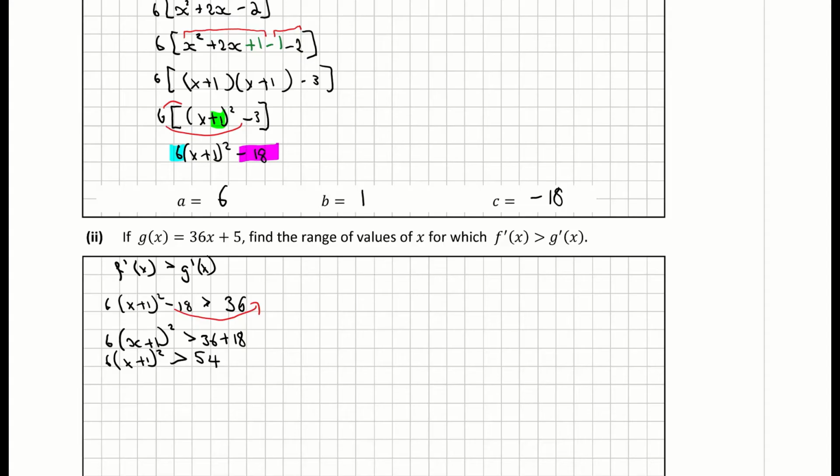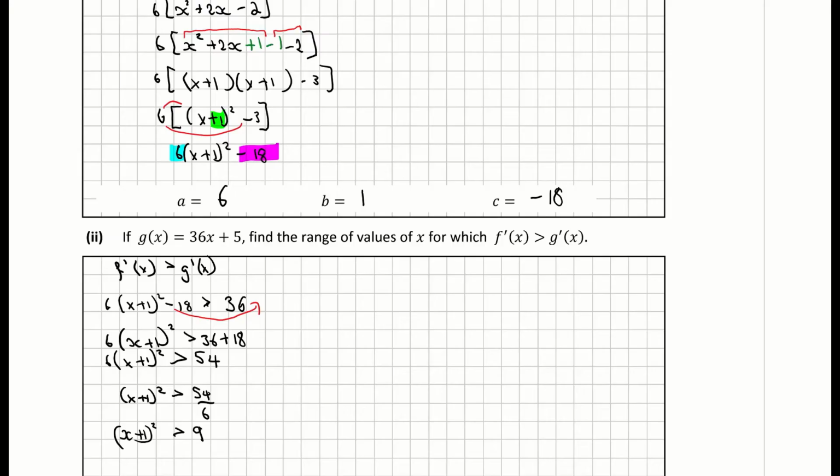I'm going to divide across by that 6, so that leaves me with x plus 1 all squared greater than 54 over 6. 54 divided by 6 is 9, so x plus 1 all squared is greater than 9.